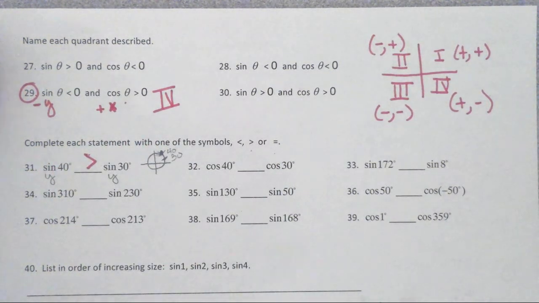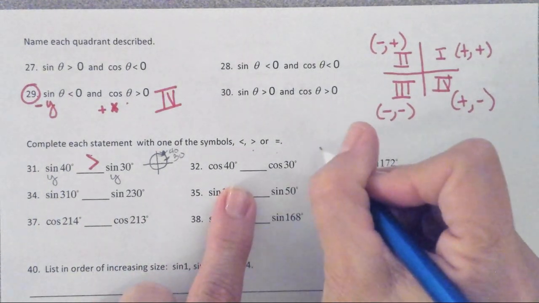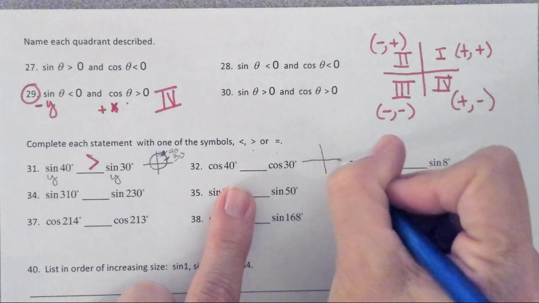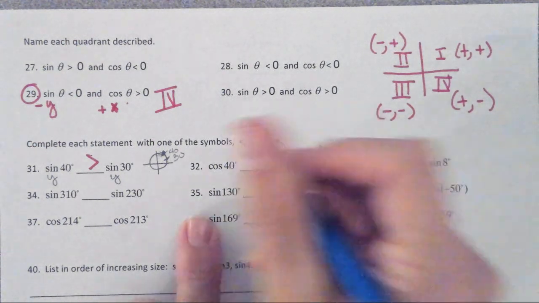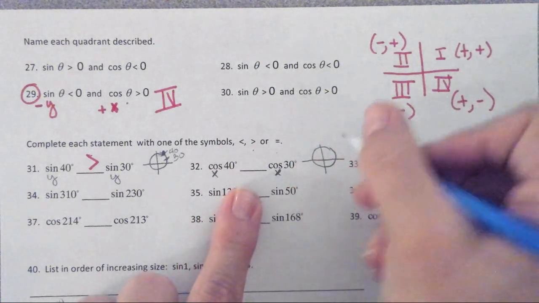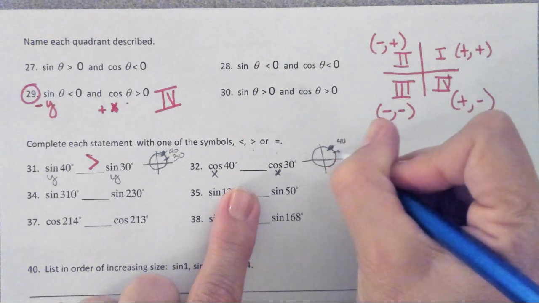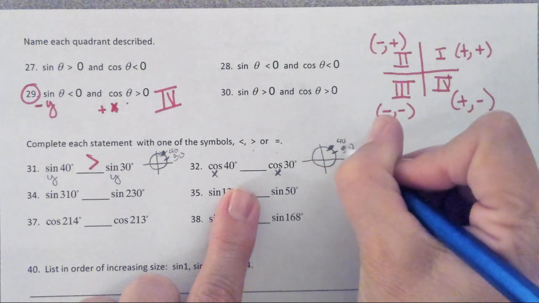Let's go do one more from this section because it can be kind of tricky. Let's go do number 37. It's almost the same thing, but now we're talking cosines. So I'm going to draw my picture again. But because it says cosine, now I'm thinking x, so now I'm thinking left and right. Again, we've got 40 degrees right there and 30 degrees right here.